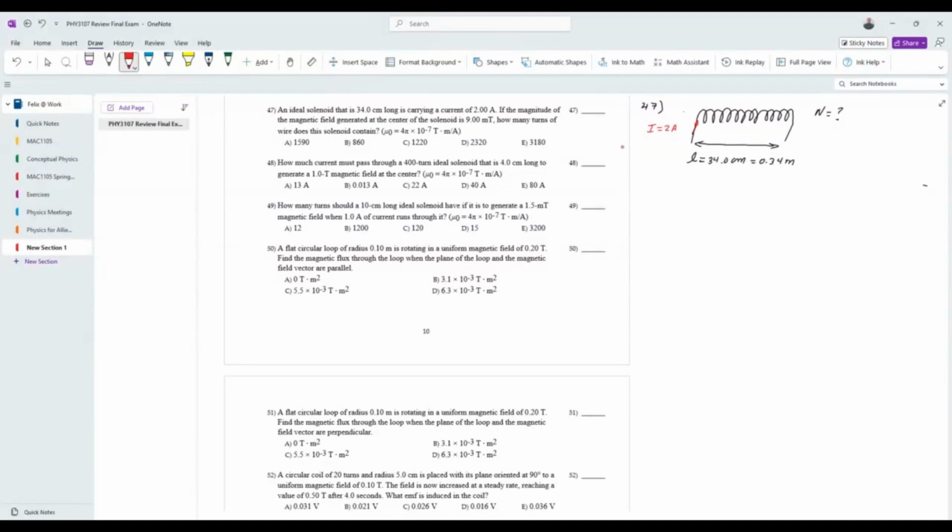And then if this current flows in this solenoid in this direction, just going like this, then the magnetic field induced in the solenoid will be here.